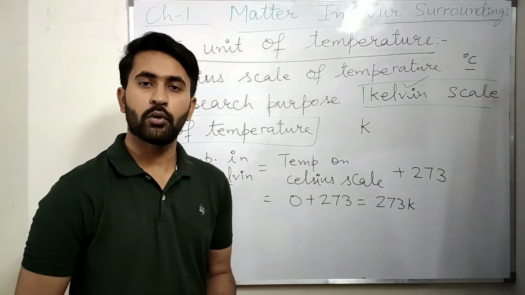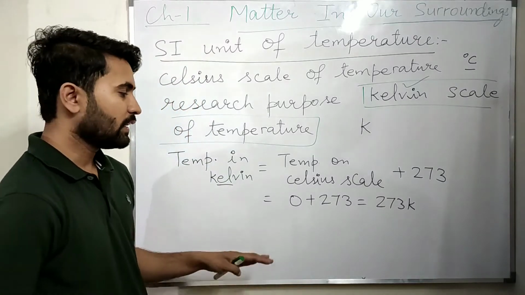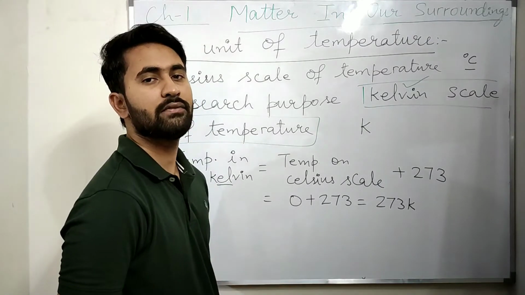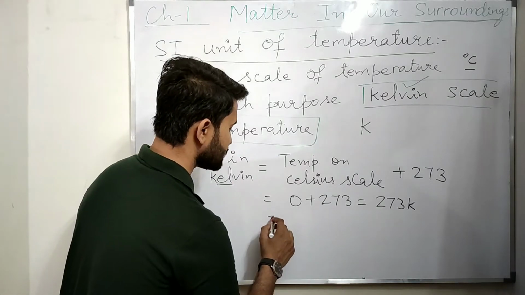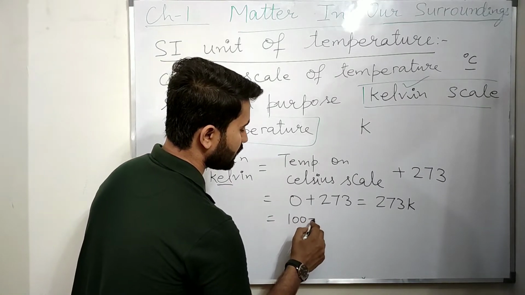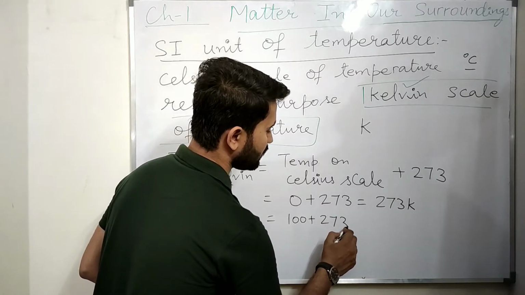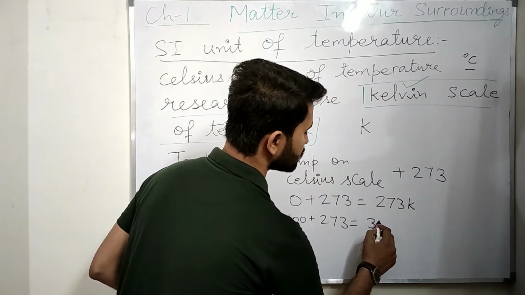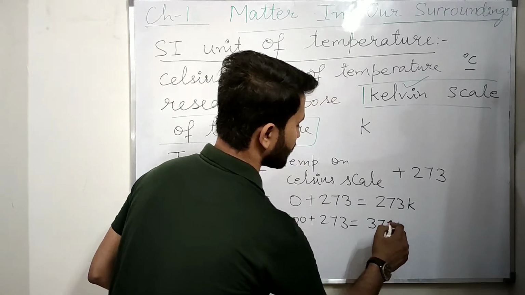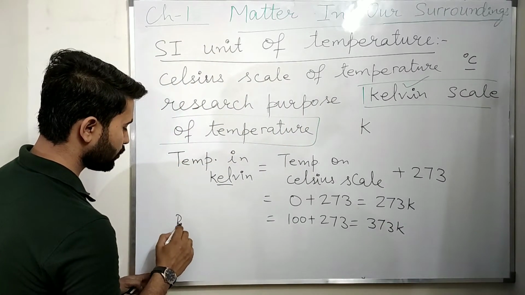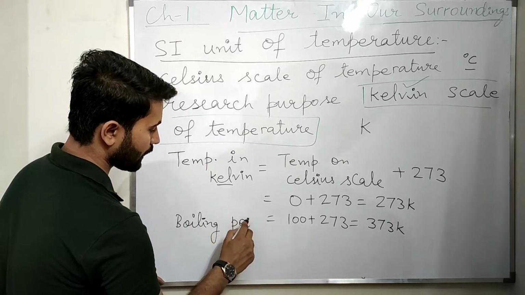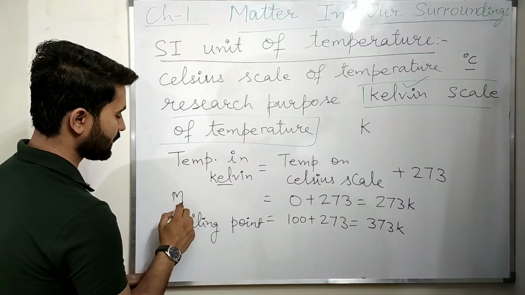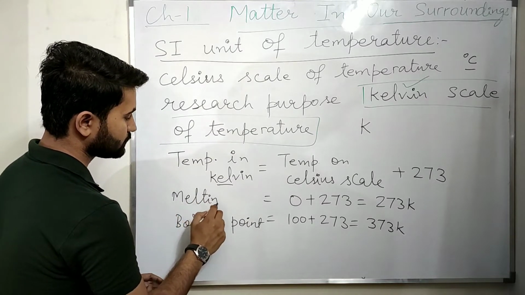And the boiling point of water will be 100 plus 273. We know that on the Celsius scale, the boiling point of water is 100 degree Celsius. So it will be 100 plus 273, which is equal to 373 Kelvin. It is the boiling point of water, and this one is the melting point of ice.